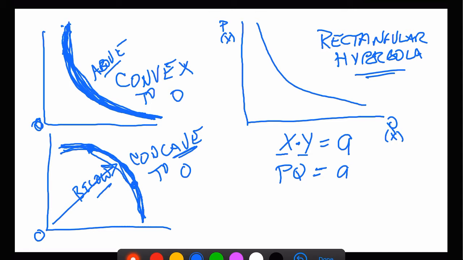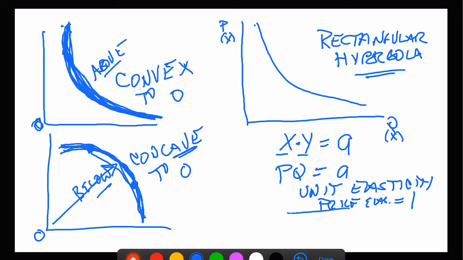Okay? So the two ways this shows up in our world is what we call unit elasticity, which means the price elasticity of demand equals 1. Then we get this rectangular hyperbola. The other rectangular hyperbola we see is the average fixed cost curve. Is that exciting?